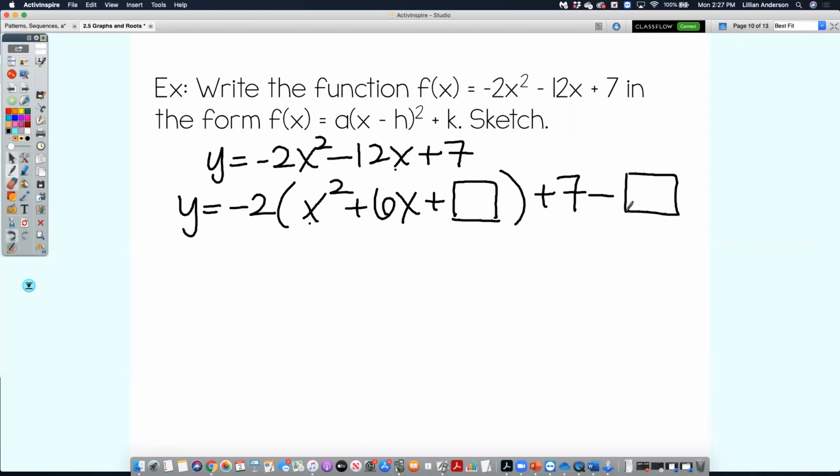That has not changed. So when a is not equal to 1, you factor out the a value from the first 2 terms, from the ax squared and from the bx. Then you still have your adding and your subtracting of your box.